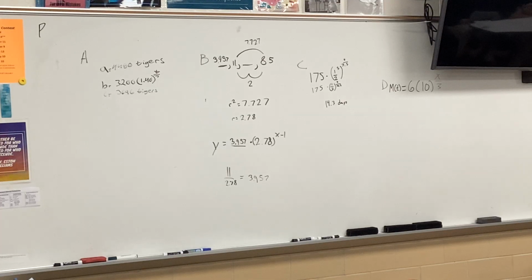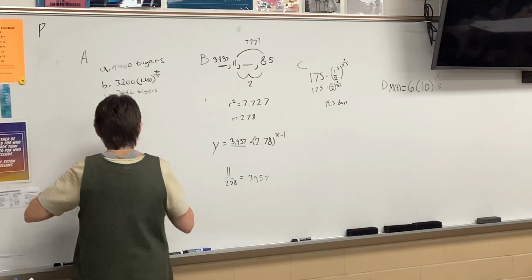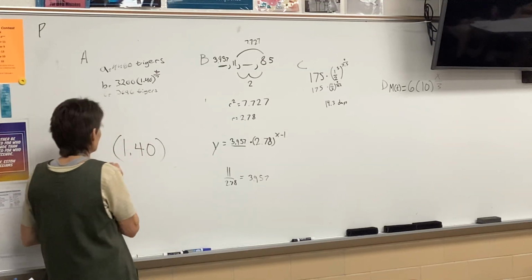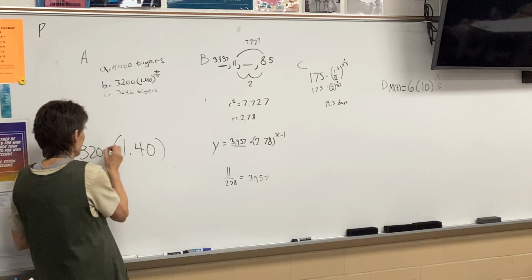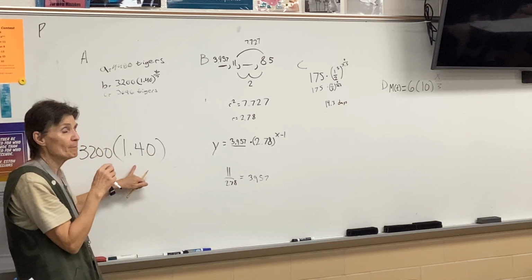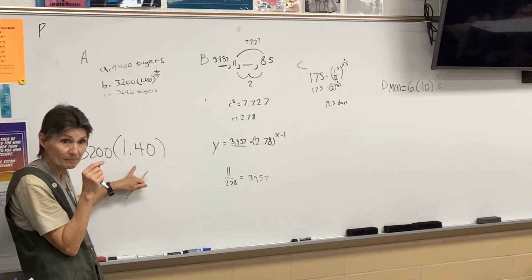Yeah, is that okay with everyone? And then write an equation. A 40% growth would be 1.40. That would be our base, and the starting was 3,200.